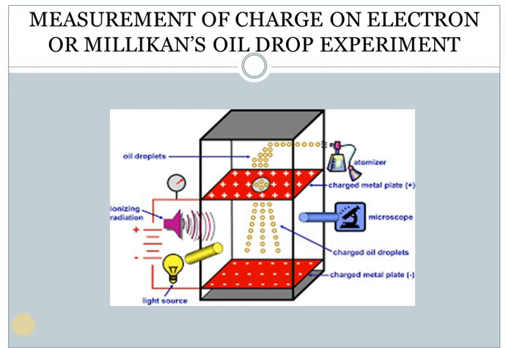Why is it known as the oil drop method? Because in this experiment oil was used in the form of drops. Drops are quite big, so they used an atomizer so that those big oil drops can be divided into very small ones, almost the size of an atom.